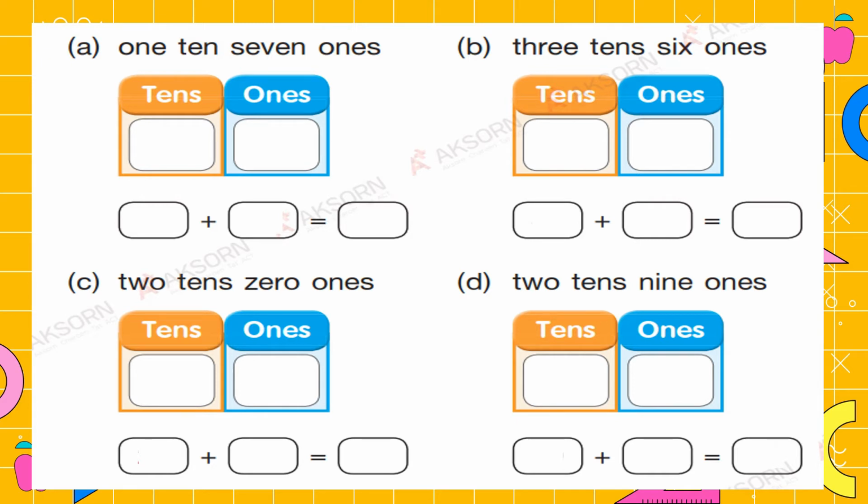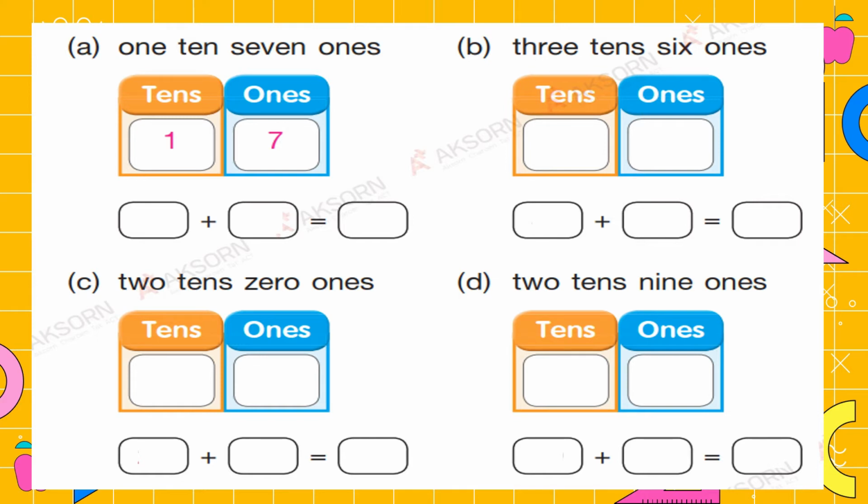We're going to write it in the place value chart, and we're going to write the expanded form of it. First, let's write the 1 ten. We have 1 in the tens value, and then we have 7 ones, so we're going to put 7 in the ones.